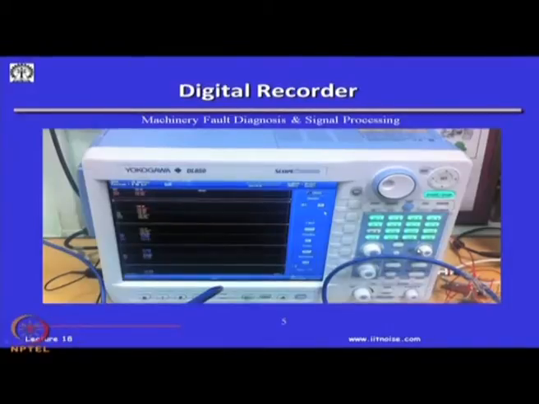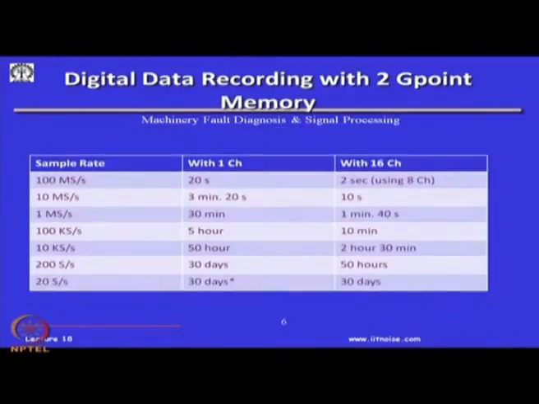For such a recorder, we can have very high sampling frequencies and record a lot of data points. For example, with about 2 gigapoints of memory space, there is a provision for changing the sampling rate, 100 mega samples per second or 10 mega samples per second.